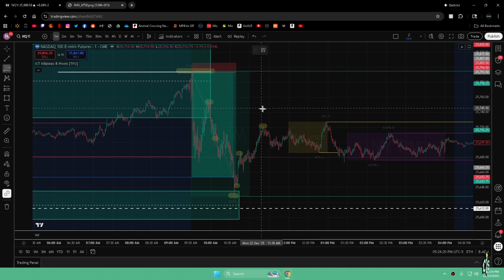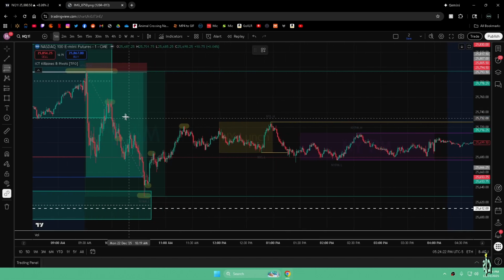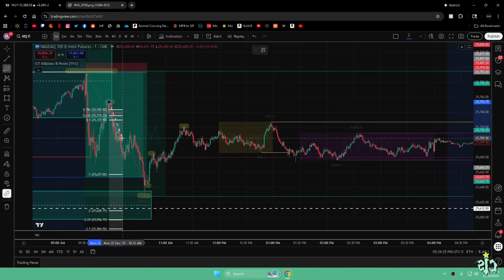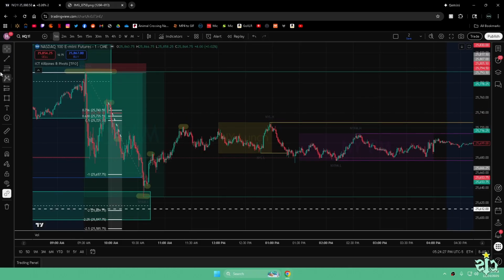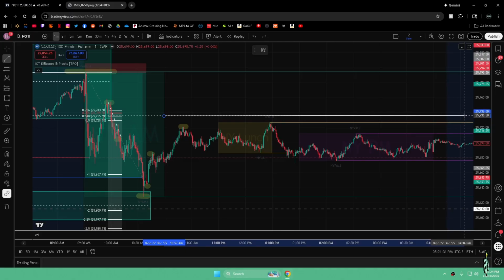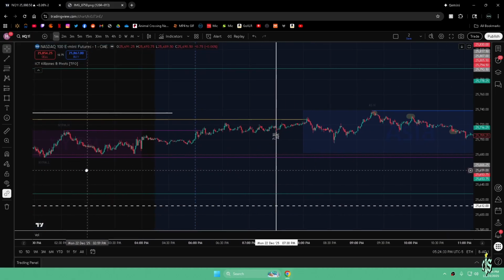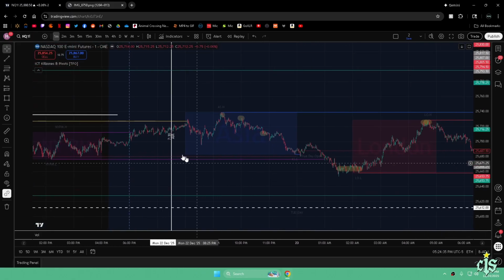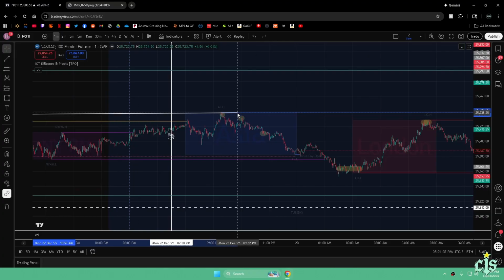So we have this high right here to this low. Here's our OTE range. So you want to see market come tap here. And it does. And you would short here.